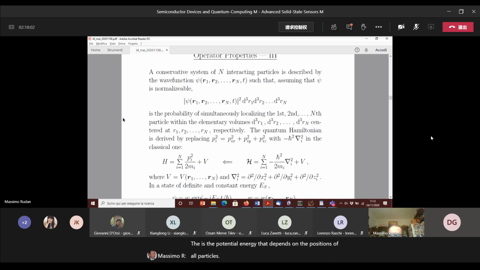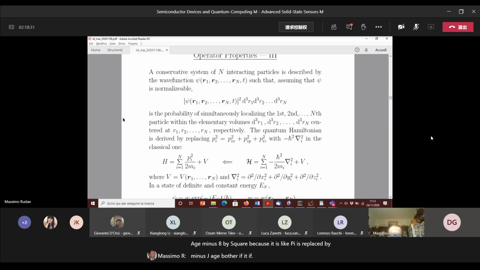At this point, we use the same recipe as before to form the quantum operator, the Hamiltonian. Each p_i squared is replaced with the Laplacian times minus ħ squared, because p_i is replaced by minus i ħ derivative.